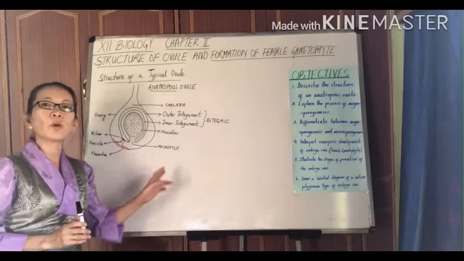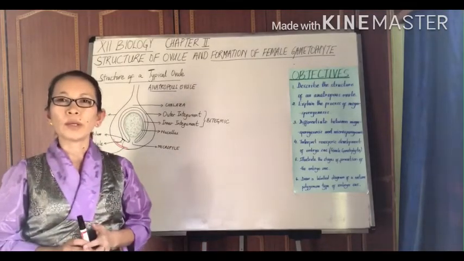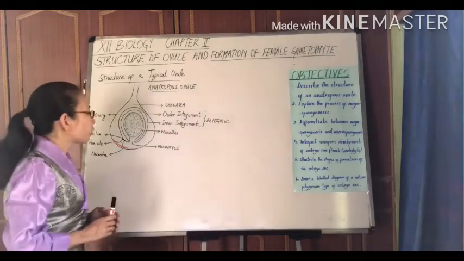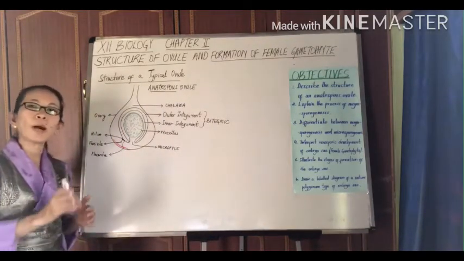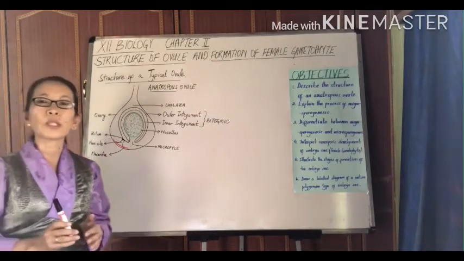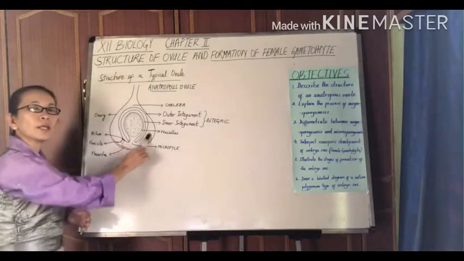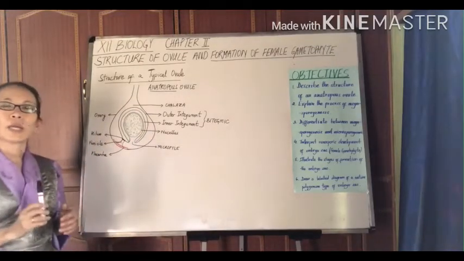That megaspore mother cell then gives rise to a megaspore. And this process of the formation of the megaspore from a megaspore mother cell is referred to as megasporogenesis. And that happens inside the ovary, especially in a mature ovule.